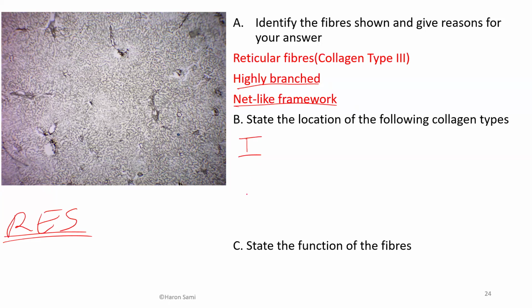So where do you find collagen type 1? I'll ask type 1, type 2, and type 4. Which connective tissue? You can't just say connective tissue. Yes, dense regular connective tissue. Now that is an answer. Skin. Where in the skin?